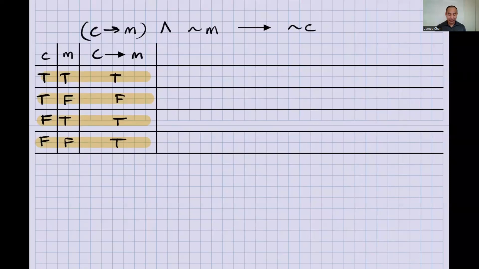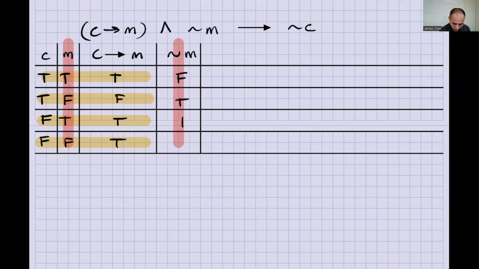Okay. Then I'm going to go ahead. I see this right here. Negate M. Right? So I'm going to go ahead and negate M. So if I negate M, I have to negate this one here. So what is it going to be?